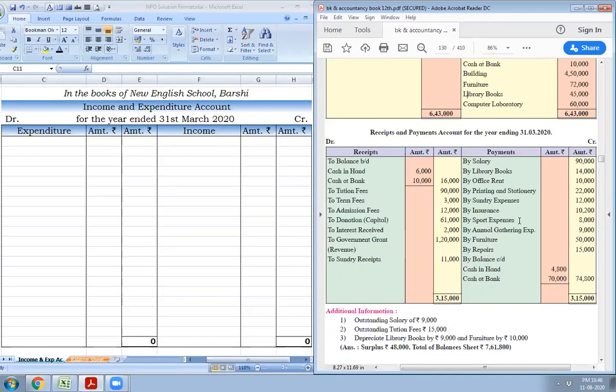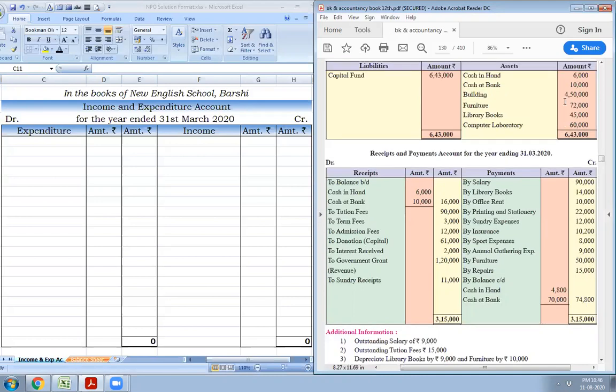Sports expenses, expenditure. Annual gathering expenses, expenditure. Furniture, asset. We will add it to the existing opening furniture of rupees 70,000, put a tick to furniture. Repairs, expenditure. Closing cash and bank balance we will record in the closing balance sheet. Opening cash and bank balance, opening balance sheet. Closing cash and bank balance, we will record in the closing balance sheet.